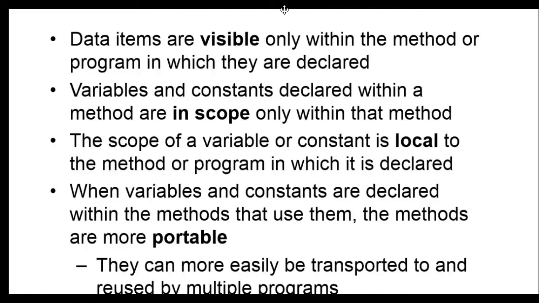We may do all kinds of other things. If we do that and we declare those variables inside that method or that module or that subroutine, they're only available inside of that subroutine. If I declare them in the main program, they're available in the program and in that subroutine.